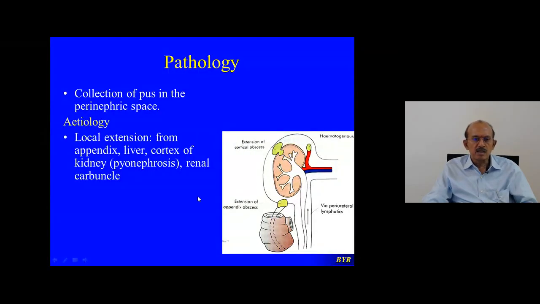Etiology: local extension from the appendix, liver, cortex of kidney, or renal carbuncle. So any of these things can extend to the perinephric area. So a kidney lesion can burst open into the perinephric space. Similarly, there may be spread of infection from the appendix or from a liver abscess.